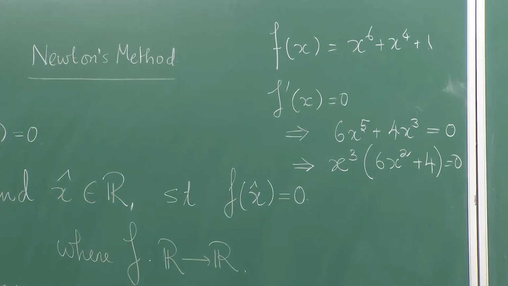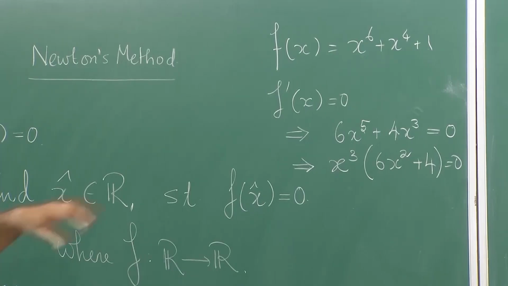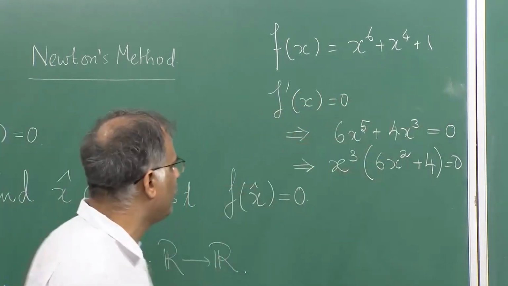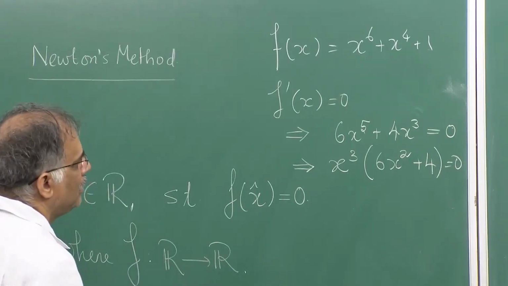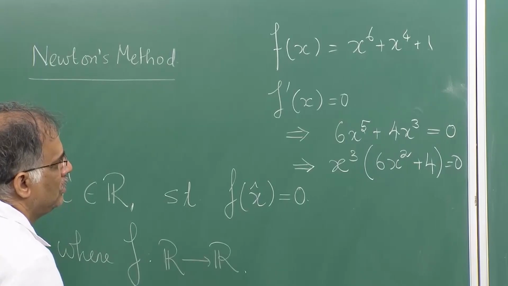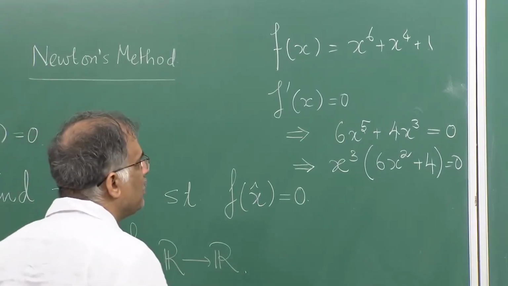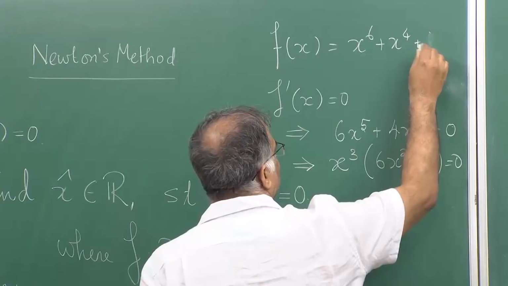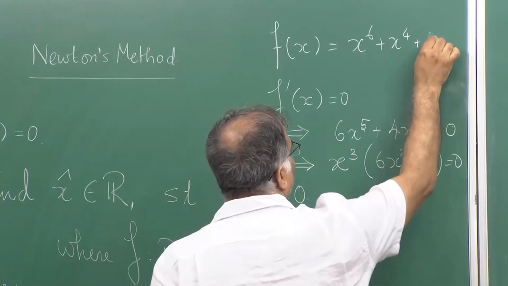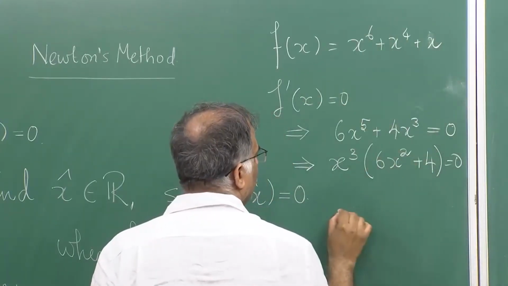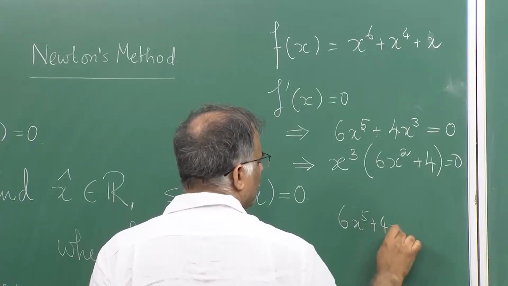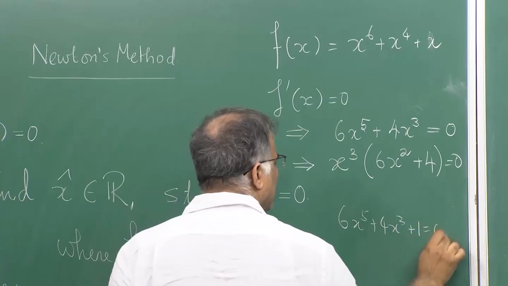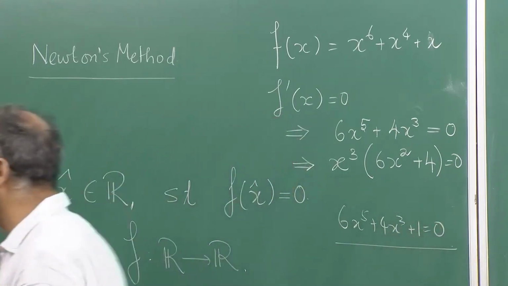Now suppose I had much higher degrees. Suppose I put in other degrees, for example x^8 or x^9 or something like that, and if I put x here additionally instead of just plus 1, then this equation will become 6x^5 plus 4x cube plus 1 equal to 0, and that is it, you are finished.